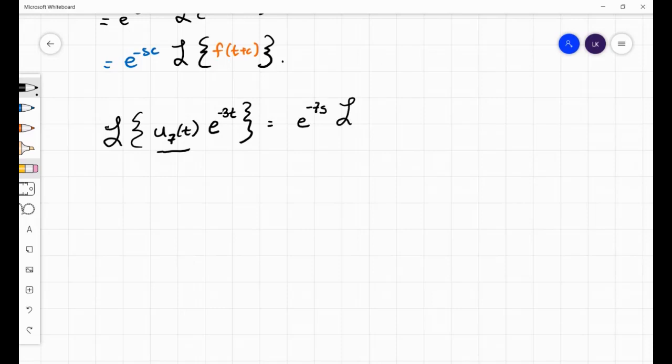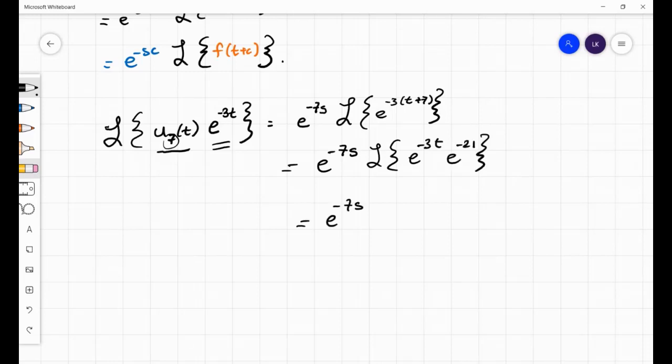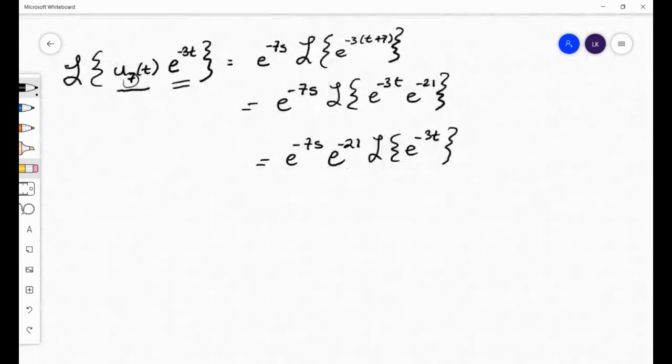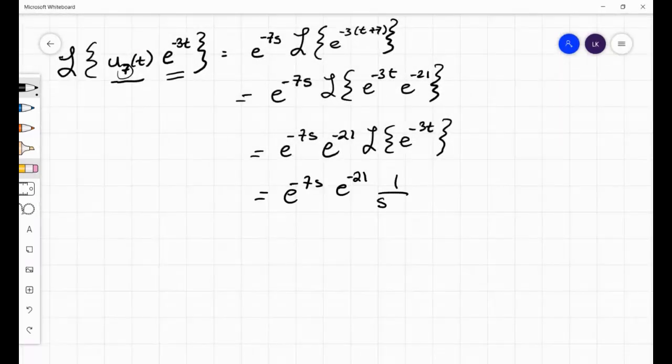And then we would multiply that by the Laplace transform of this function of t, except we're going to shift t. We're going to replace t with t plus 7. And after taking advantage of properties of exponentials and linearity of the Laplace transform, we get the Laplace transform of e to the negative 3t, 1 over s plus 3.